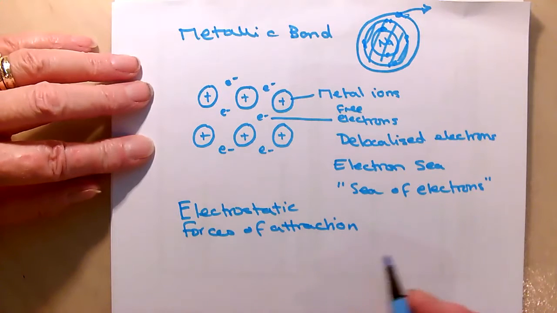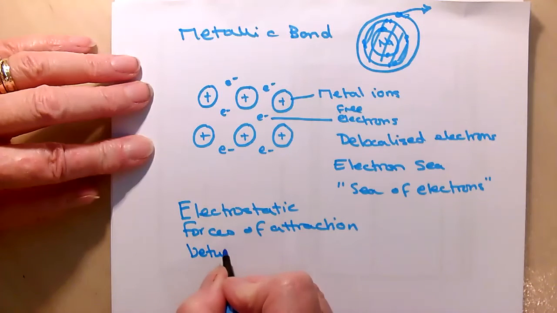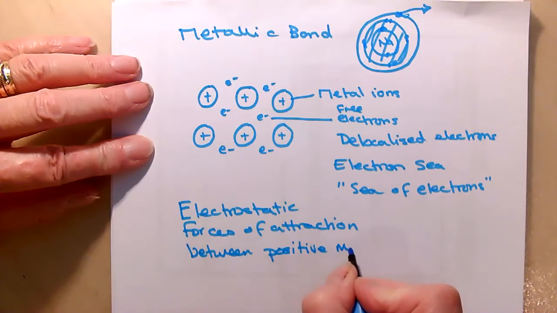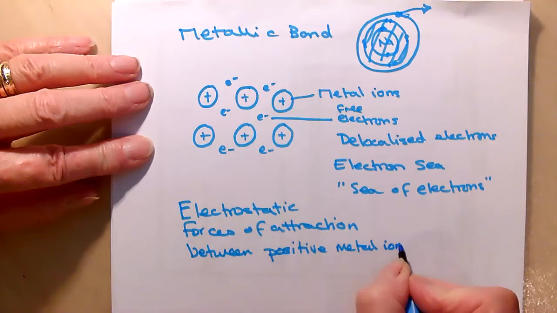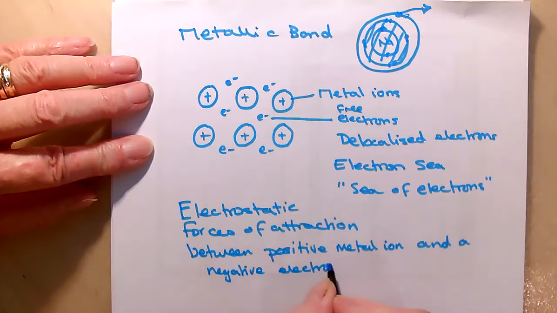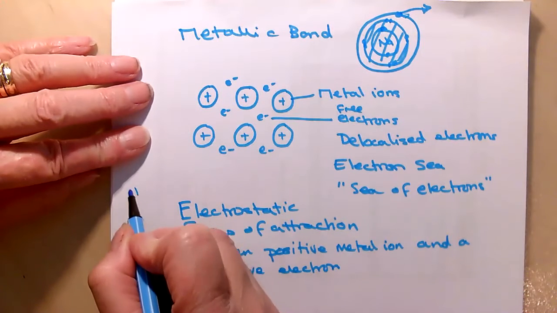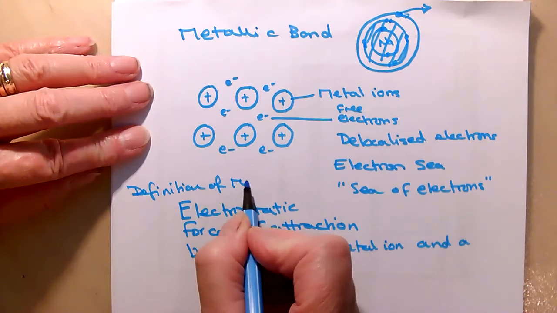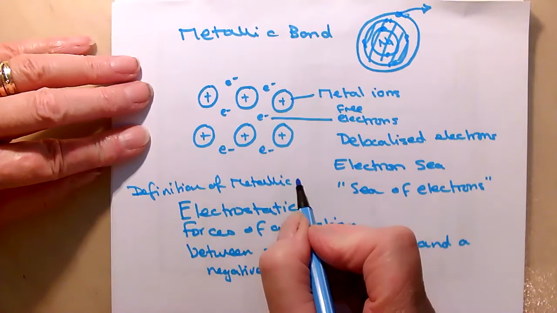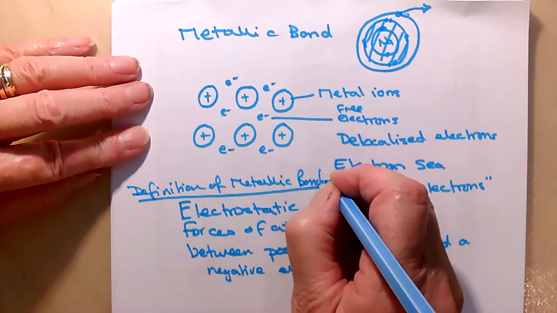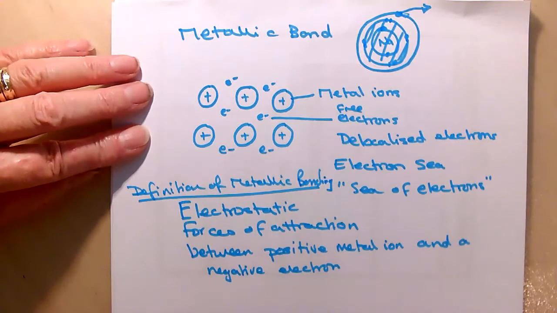So we say it's an electrostatic force of attraction between a positive metal ion and a negative electron. So that is the definition of metallic bonding.